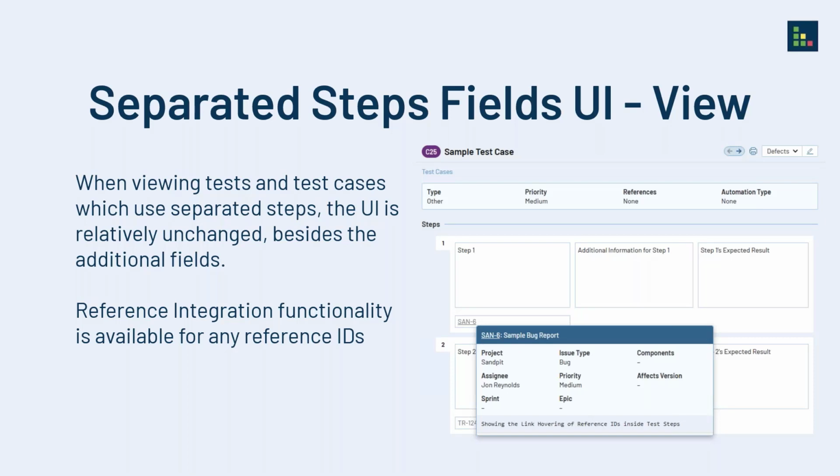So you can still look up your linked requirements, user stories, or anything else you have using an integration. So the reference field will still function in the same way. This allows you to place a reference on each test step as needed for a little greater traceability inside your test cases.